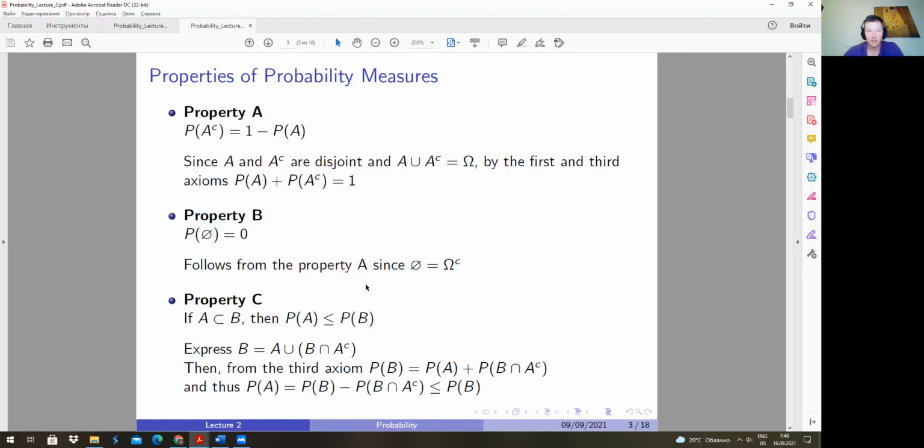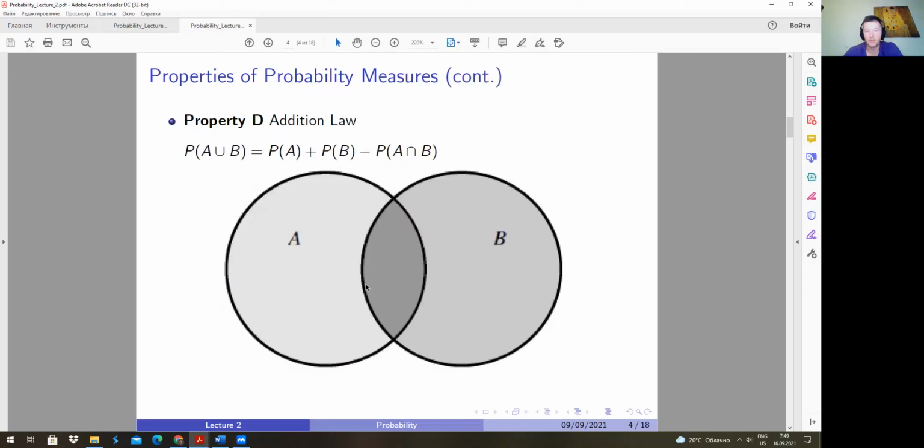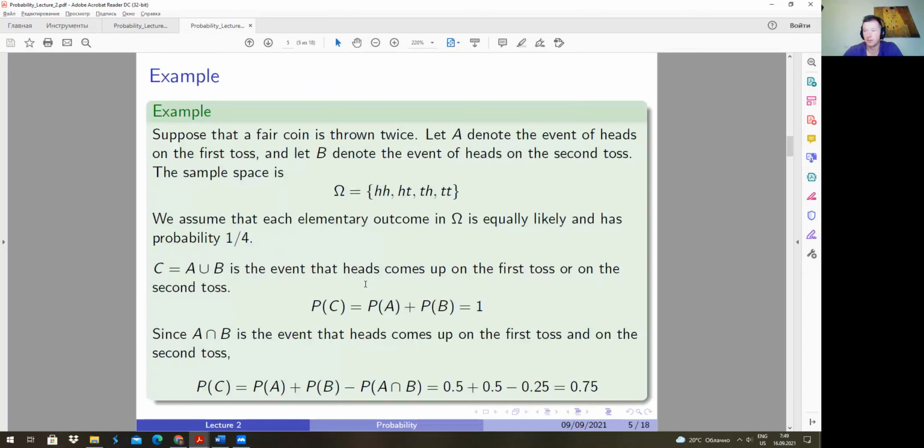Then we still didn't say anything about the rules for how to calculate this probability. We took it as some assumption that if we have, for example, 4 elementary events in the sample space, and we want to calculate the probability of one of them, we simply divide 1 by 4, assuming that those events are equally likely.